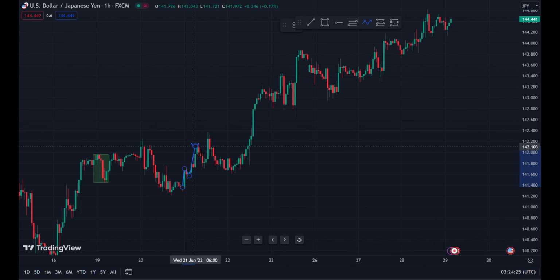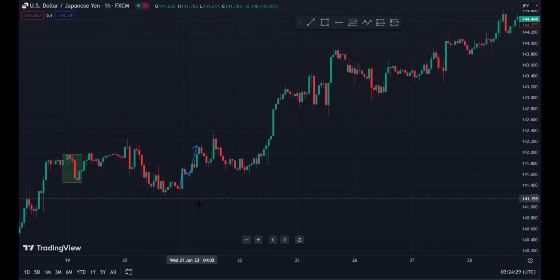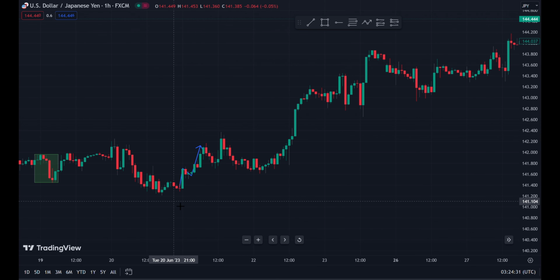Let's say that is a rally base rally right there. The market moved up, then made a little pullback, then the market moved up again. I consider that a rally base rally movement.